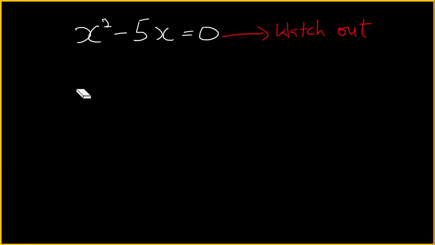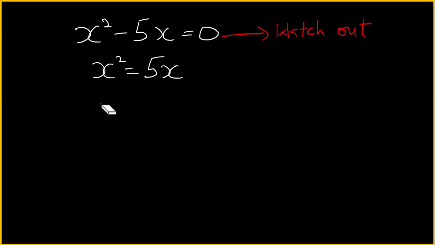So what students normally do is, since this is a quadratic equation, why don't I write it this way? x squared is equal to, then the minus 5x is taken to this side and it becomes 5x. And since there is an x here, there is an x here, why don't I divide through by x?